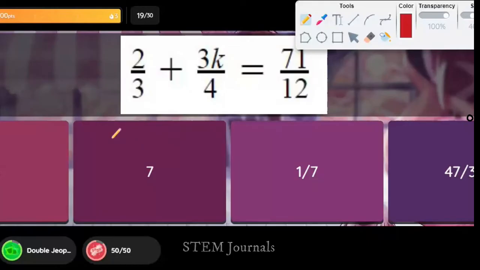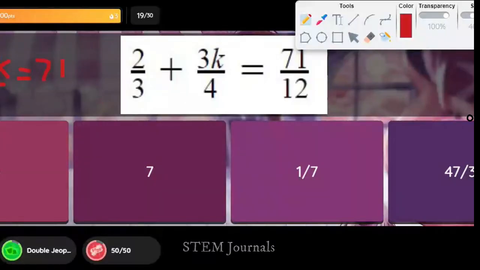Diretso natin pala. I multiply each fraction by 12. So this will be, LCD nila is 12, for 8 plus 9K. Equals 71.